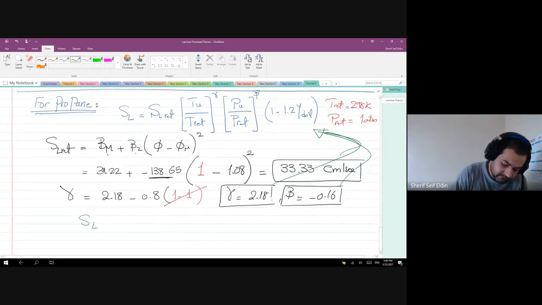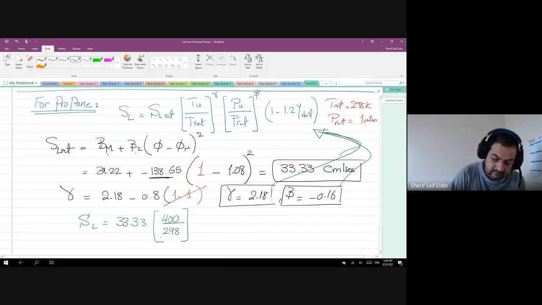so SL is 33.33, TU, which is 400, over 298 to the power gamma. Gamma is 2.18. PU is 1 atmosphere, so it's going to be 1 to the power beta, minus 0.16, and the dilution term is going to be 1 because there is no dilution here.